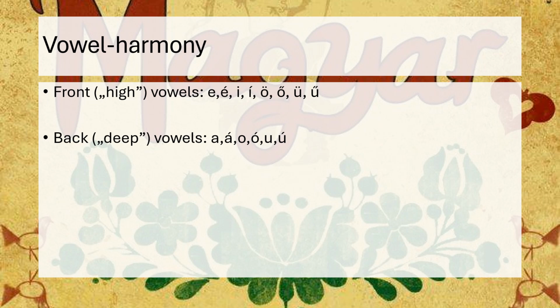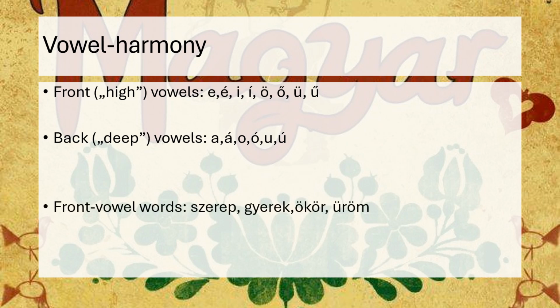In the case of vowel harmony, the length of the vowels, maybe you have already recognized it, doesn't play a significant role. Front vowels have a higher and a more ringing sound, whereas back vowels are perceived as deeper and duller. Front vowels are produced near the throat, and back vowels are closer to the lips.